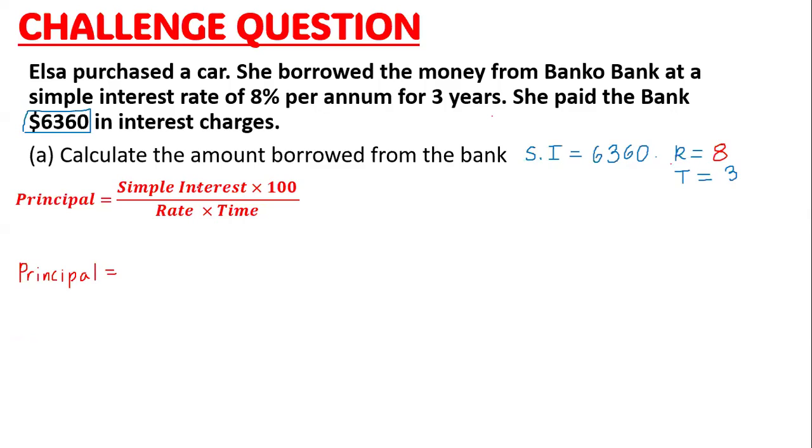So the simple interest is 6360, multiplied by 100, all over the rate, which I'm keeping as a regular number: 8 times 3.